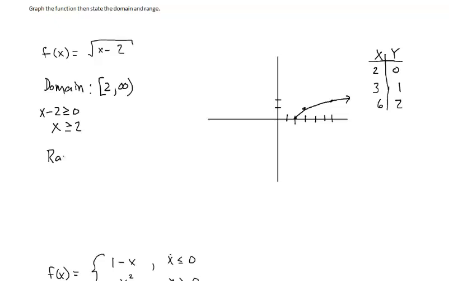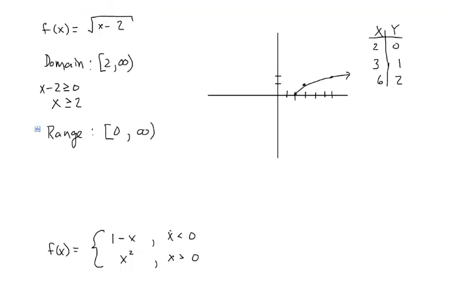So range, and 0 is included in this function. So we're going to say our range is 0, and the bracket to show that we're including 0. And then this function continues to the right and up forever, so it's infinity for the range. Remember, range shows the y values that can be obtained by the function.